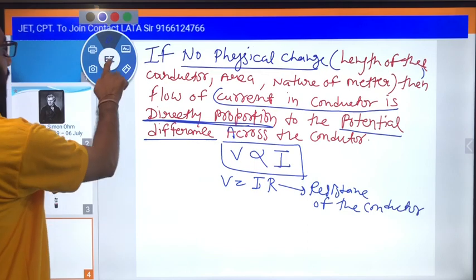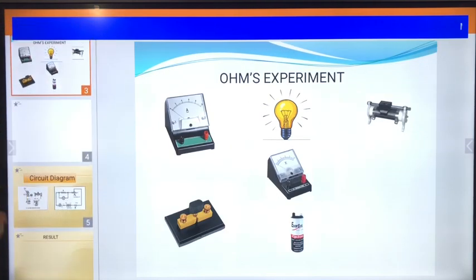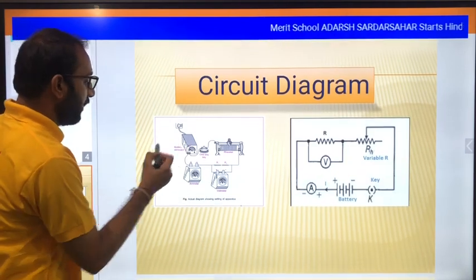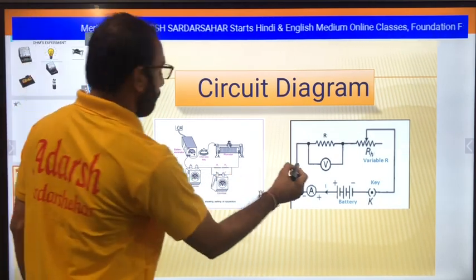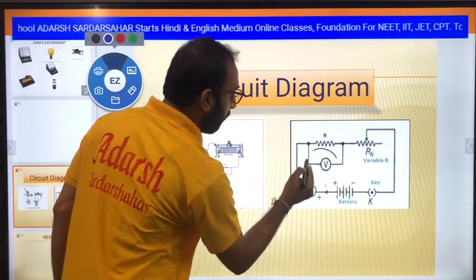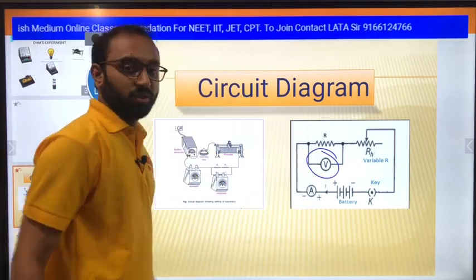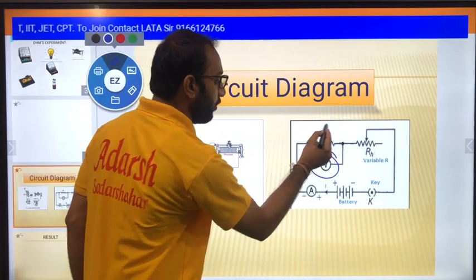Okay, now after that we show the circuit diagram of a conductor. This circuit diagram we made earlier is called a symbolic diagram. This one is the symbol of the voltmeter. The working of the voltmeter is to measure the potential difference across the load.